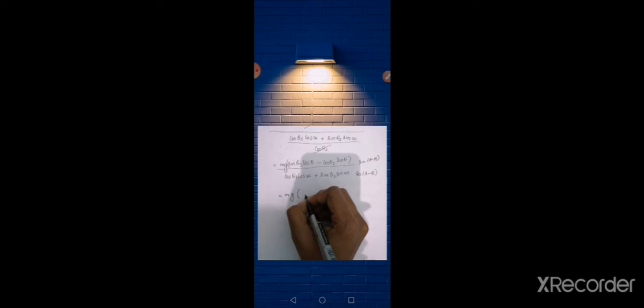So you will be writing sin of theta s minus theta, and in the denominator it is of the form cos A cos B plus sin A sin B, that is the expansion for cos A minus B. So in the denominator it will be cos of theta s minus theta. So this is the equation you are going to get for F. Okay, so you got an equation for F.